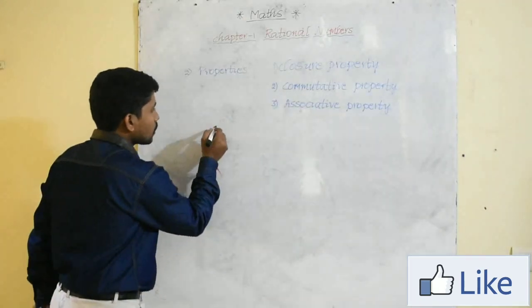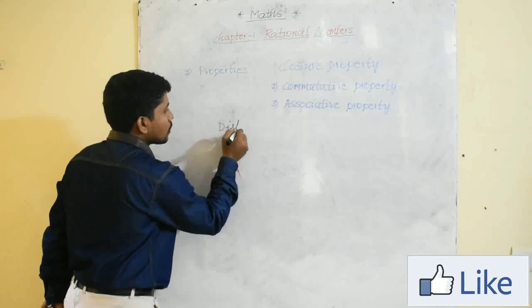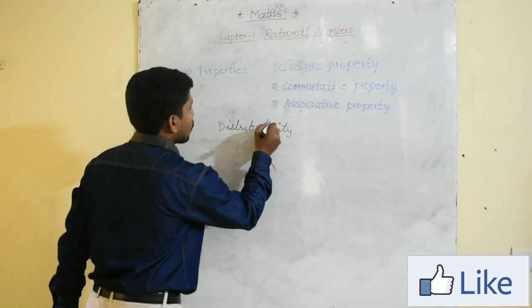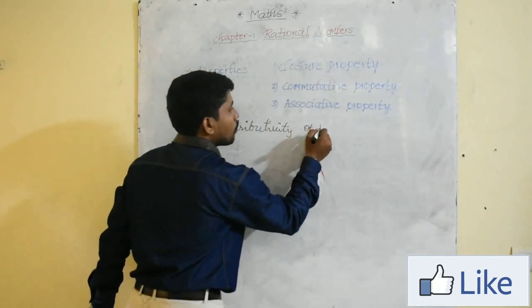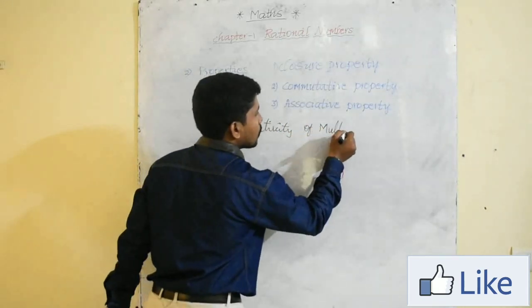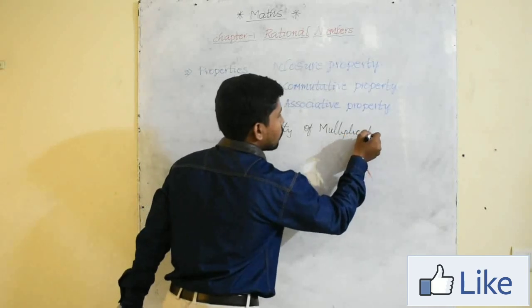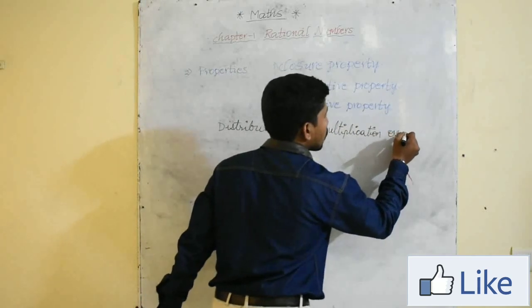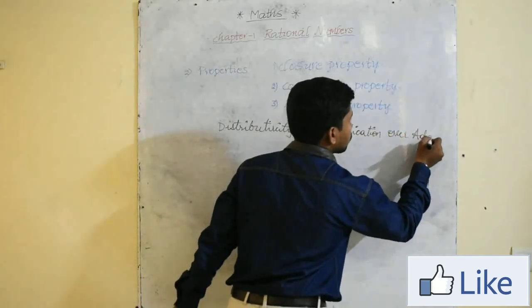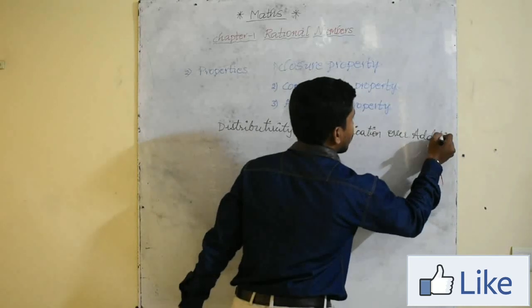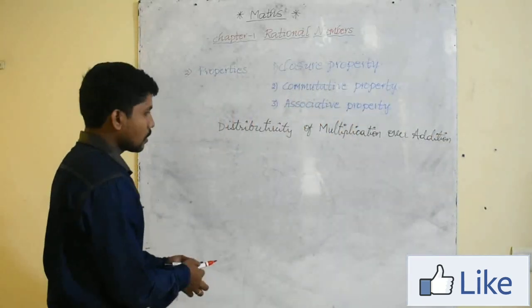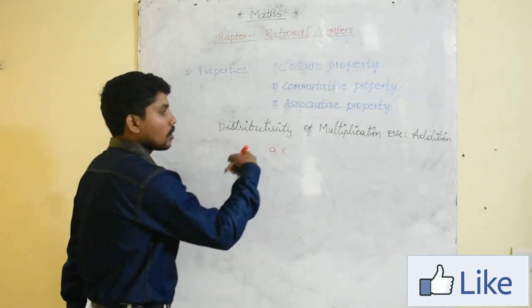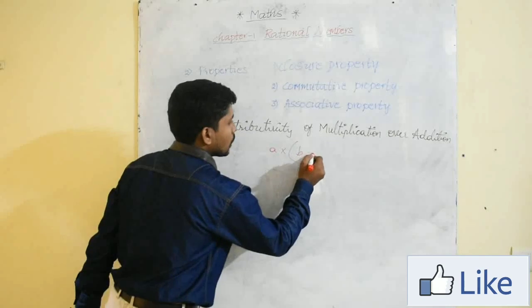That means there is a rational number A which is multiplied with the addition of two other rational numbers.